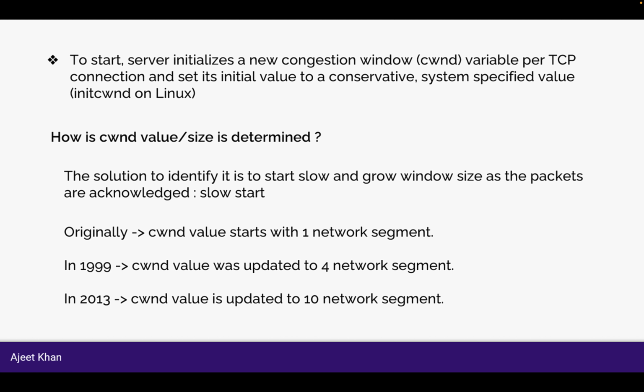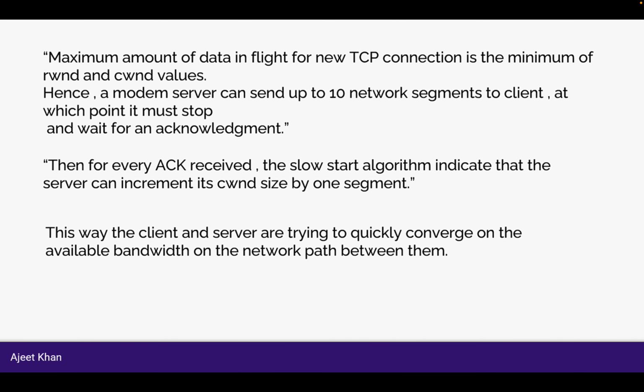In 1999, the CWND value was updated to 4 network segments because one network segment was slow. And in 2013 it was updated to 10 network segments. So the maximum amount of data in flight for a new TCP connection is the minimum of the RWND and CWND values.